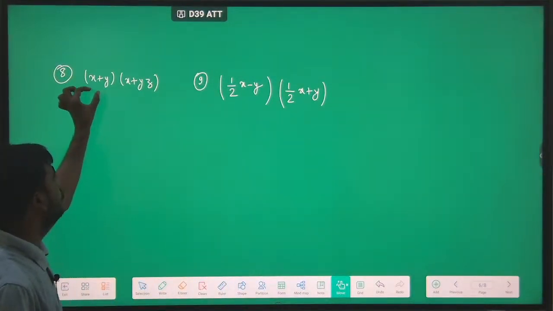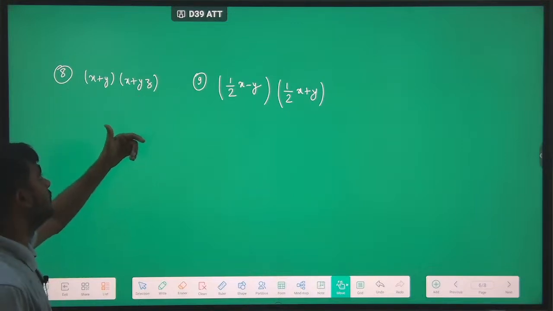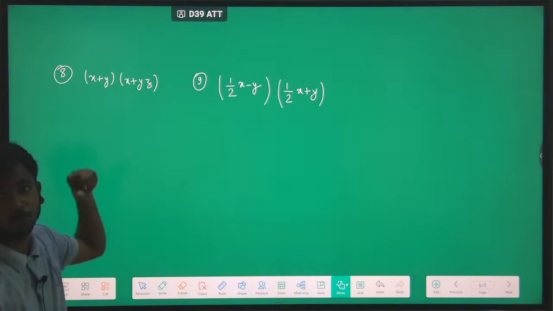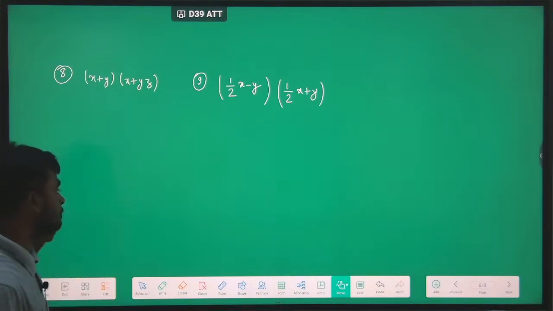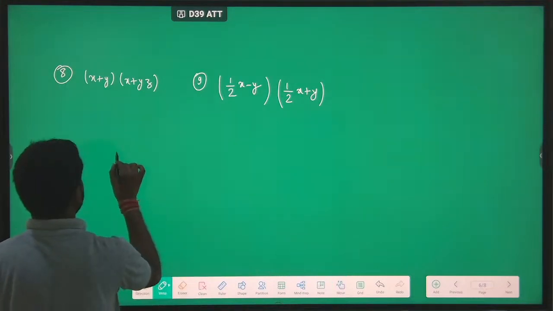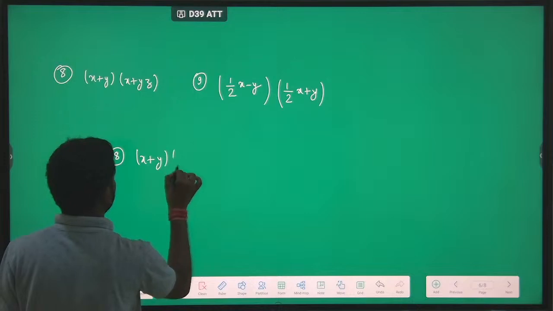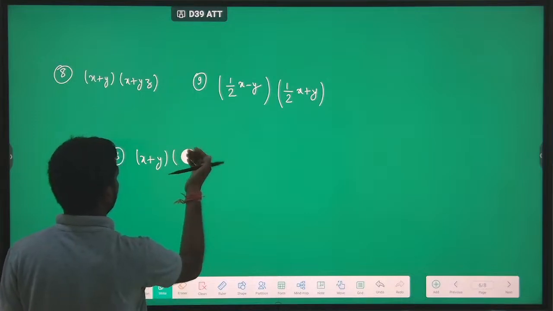It is also a binomial expression. Before this, we have done a monomial with binomial multiplication. So, we will solve question number 8. Question number 8 is x plus y when multiplied with x plus yz.